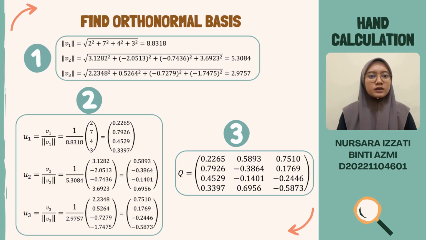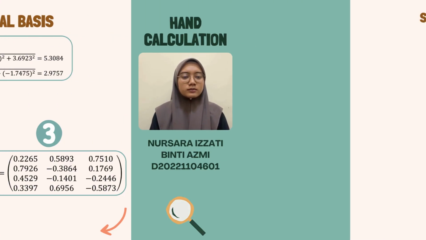Next, we normalize v3 and we get 0.7510, 0.1769, negative 0.2446, and negative 0.5873. By placing the orthonormal vectors as columns of a matrix, we form the matrix Q, which is an orthonormal matrix.